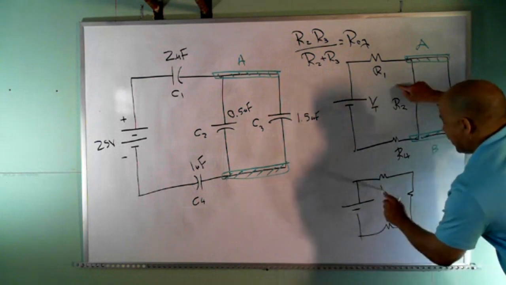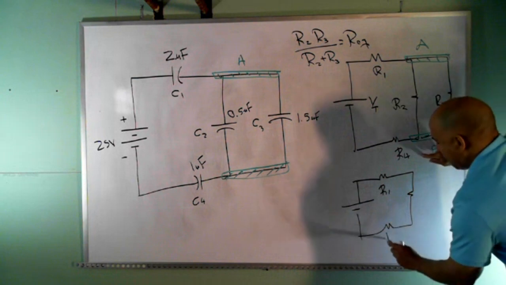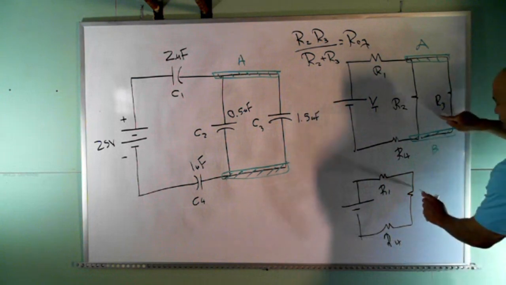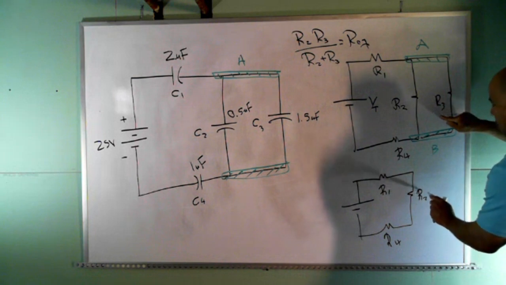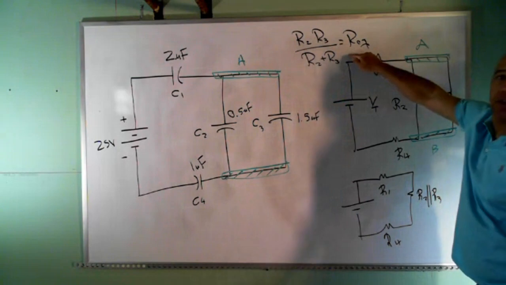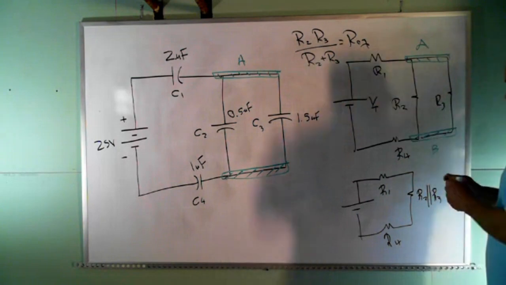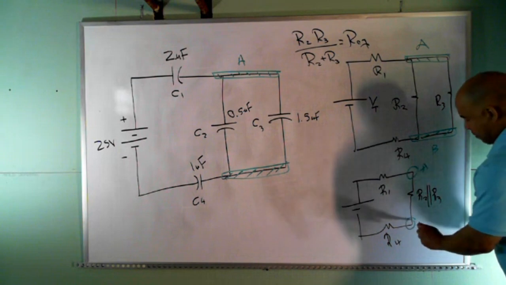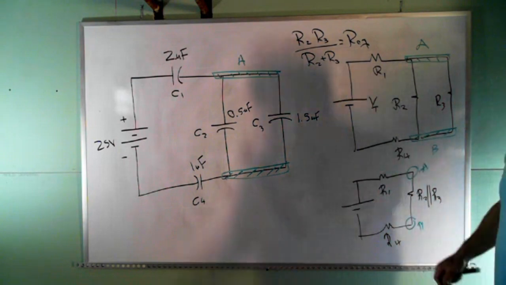I got R1 here, I got R4 here, but this one you would replace with R2 parallel R3, which is whatever you got when you did that. That's REQ. And then you say, all right, my nodes are right here, A and B, and then you would go ahead and solve the circuit.